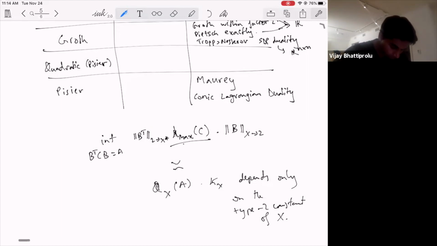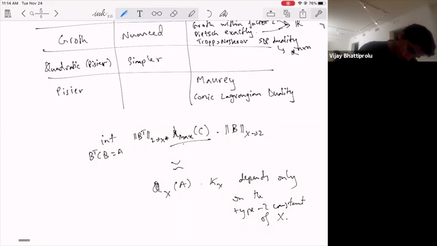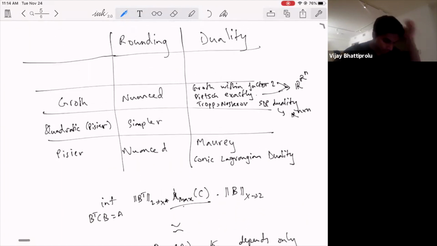We prove this theorem, and one nice aspect of it is that it's in some sense simpler. The rounding step here is much simpler, whereas the rounding steps in Grothendieck's theorem and Pisier's theorem are both nuanced. Similarly, I cooked up a toy example, a quadratic version of Grothendieck's factorization theorem, for the sake of showing things in this talk.